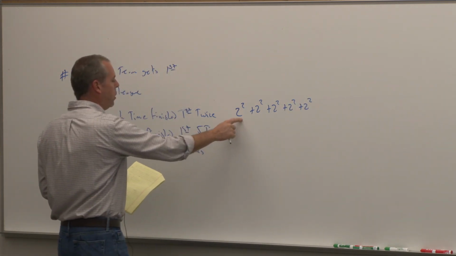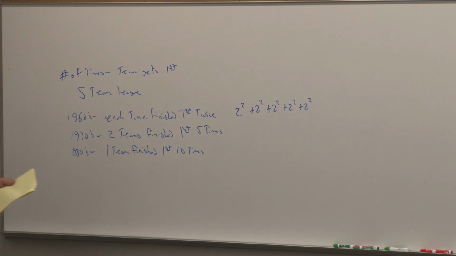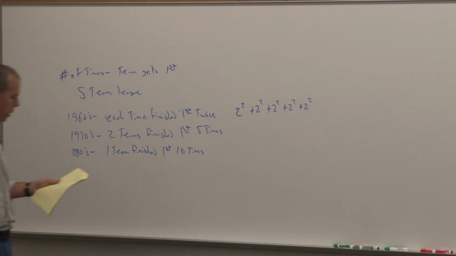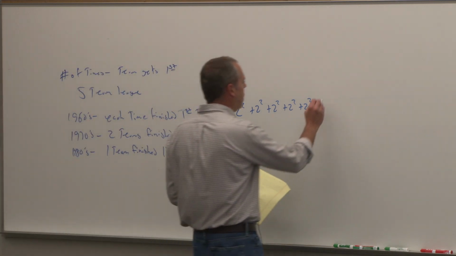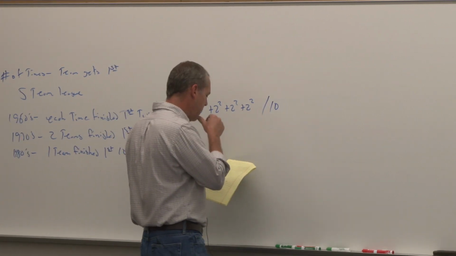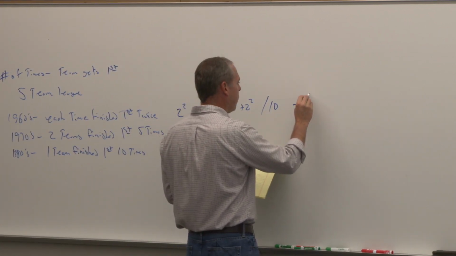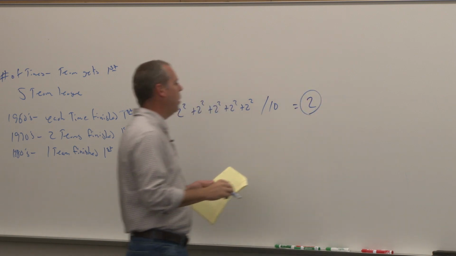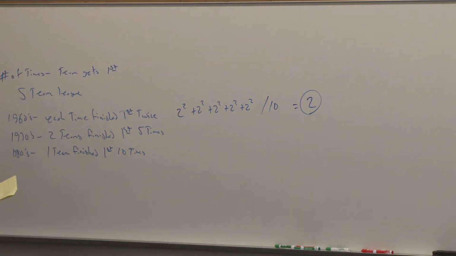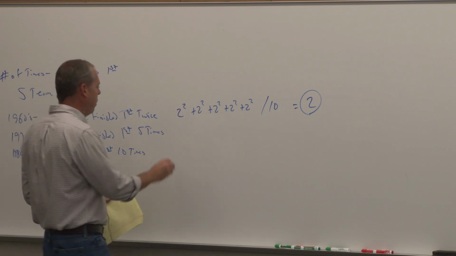How many times did team A finish first? 2, square that. How many times did team B finish first? 2, square that. Team C, 2, square that. Team D, 2, square that. Team E, 2, square that. All right, we're going to get a value of 2 for this guy. Here we got 2 teams doing it.